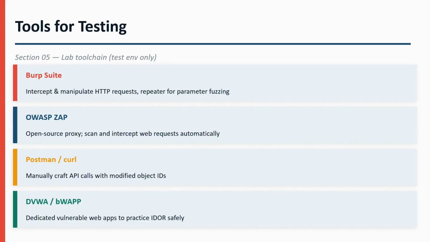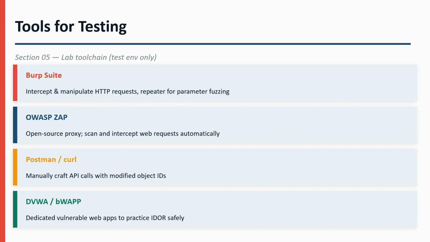Tools for testing. Let's quickly cover the tools we used and that you would use in a real IDOR testing scenario. Burp Suite is the industry standard for intercepting and manipulating HTTP requests. The Repeater module is especially useful for modifying parameters and resending requests. OWASP ZAP is a free open source alternative that also allows you to intercept and scan web requests automatically.